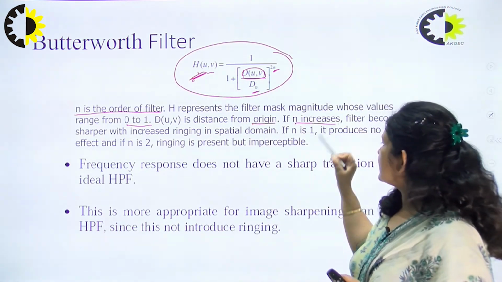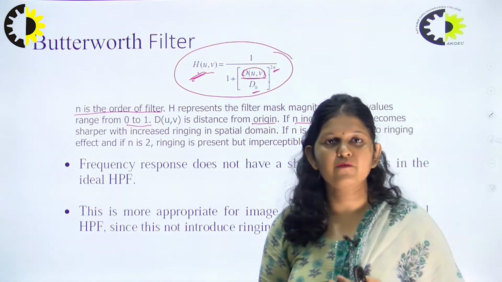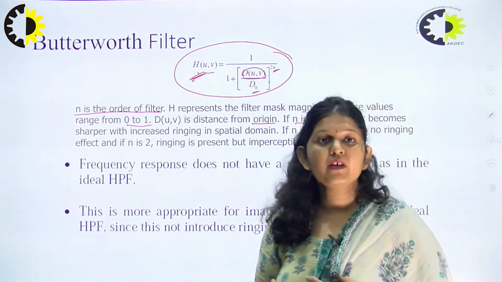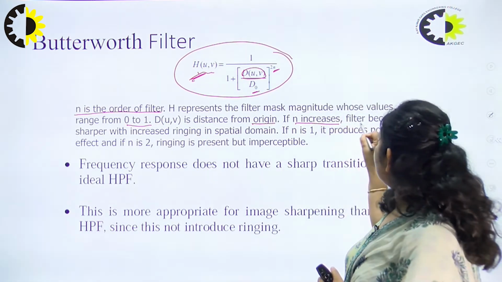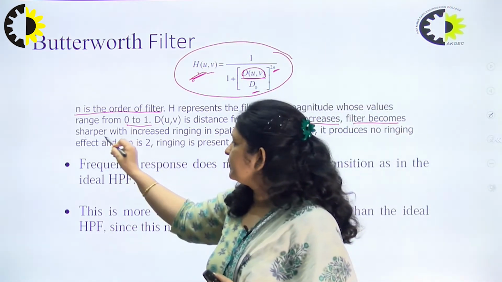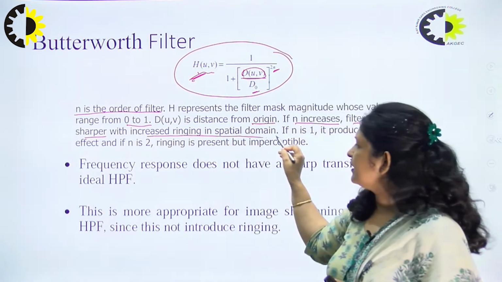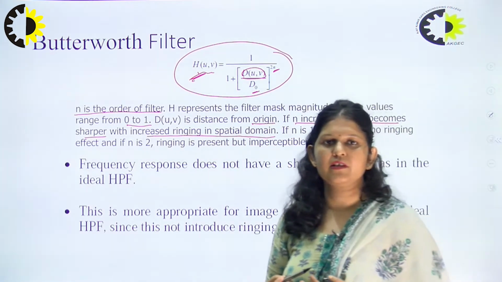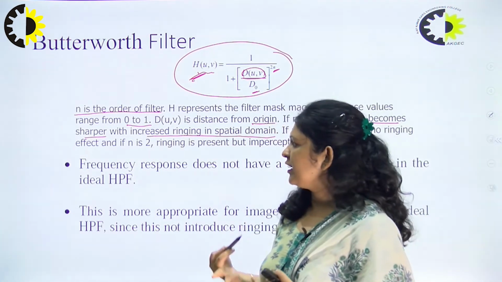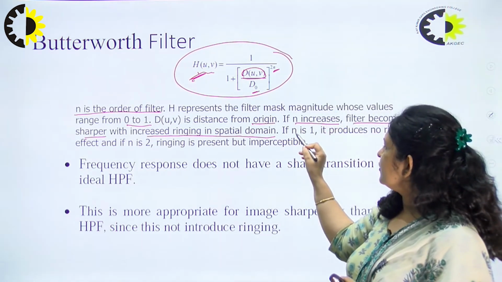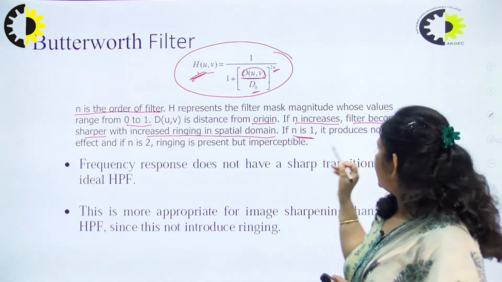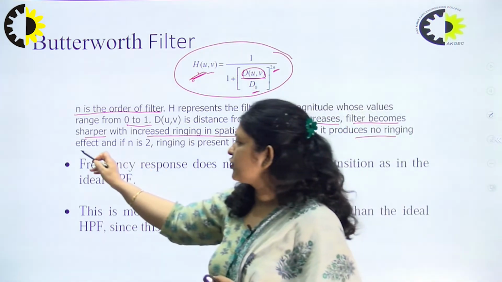Now we have to decide the value of n, the order. If we take a very high n value, then what would happen? The filter becomes sharper with increased ringing in the spatial domain. We will see the ringing effect in the spatial domain if we take a very high n value. So we take mostly n equal to 1, which produces no ringing effect.